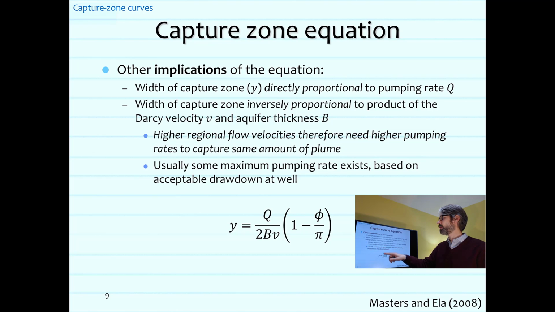Further, there's usually some maximum pumping rate based on the acceptable drawdown at the well. So of course, as the discharge rate, Q, increases more and more, you're going to draw down more and more at the well.